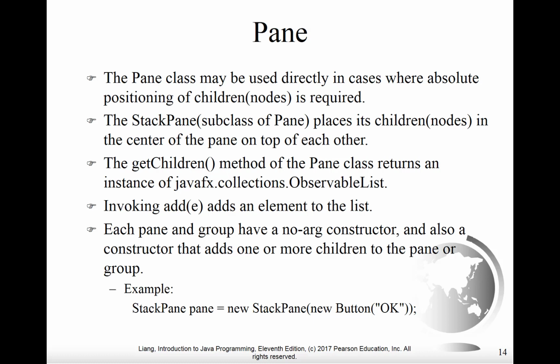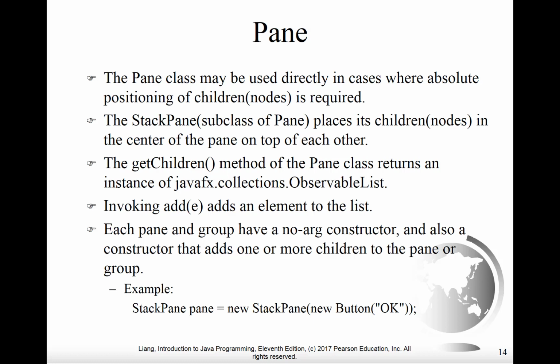When we instantiate an object of class pane or group, we have a no-arg constructor that we can use, but there's also a constructor that will allow us to add one or more children to the pane. We're going to see that in an example at the bottom of the slide. So we can instantiate an object called pane of class StackPane.